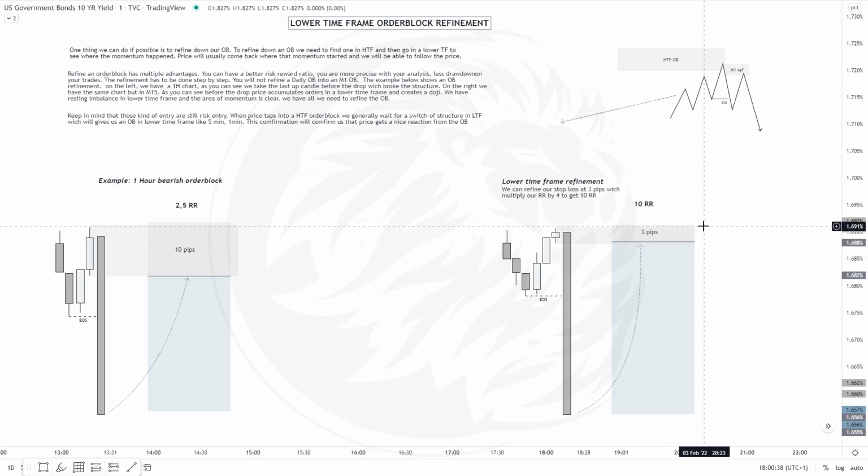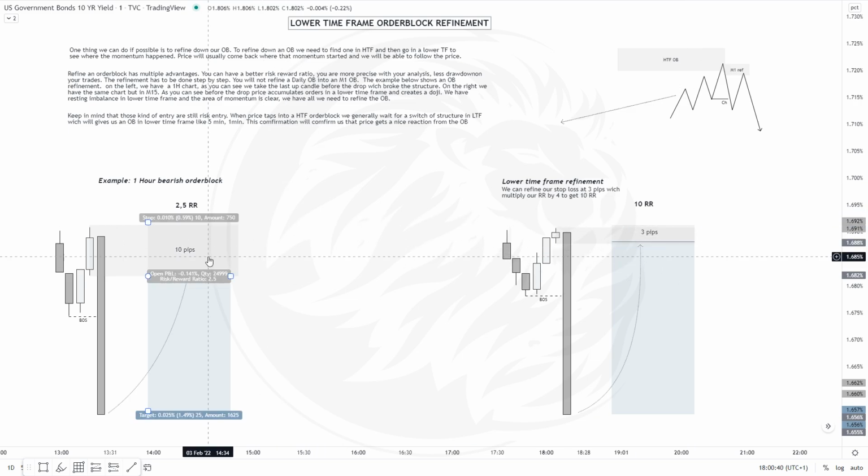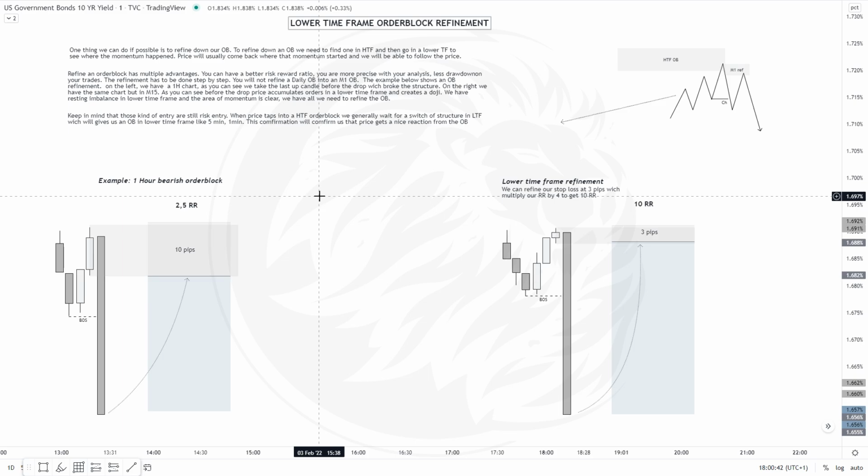But you have to keep in mind that those kinds of entries are still risky entries. When price taps into, for example, an M15 order block, we generally wait for a switch of structure into this order block to show us that the order block is really good.